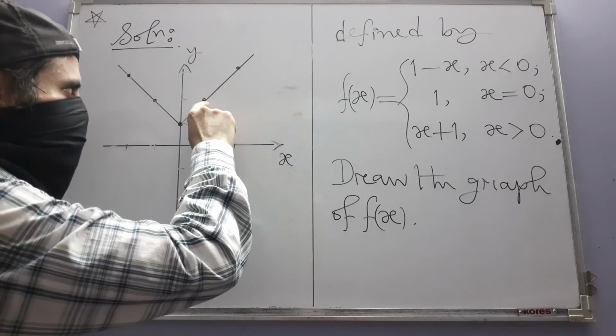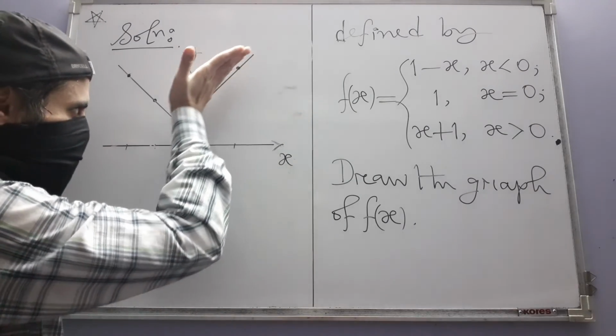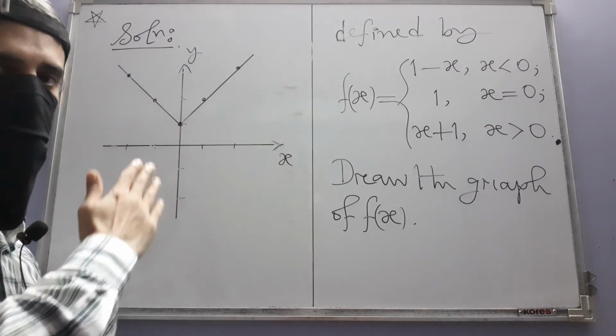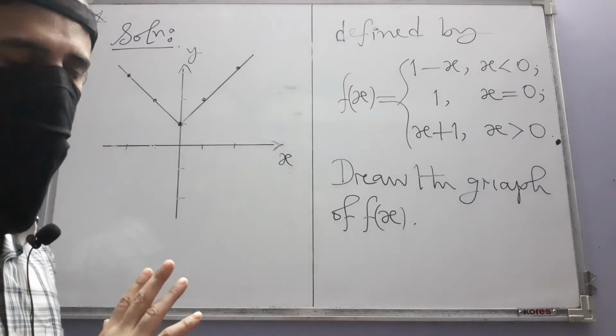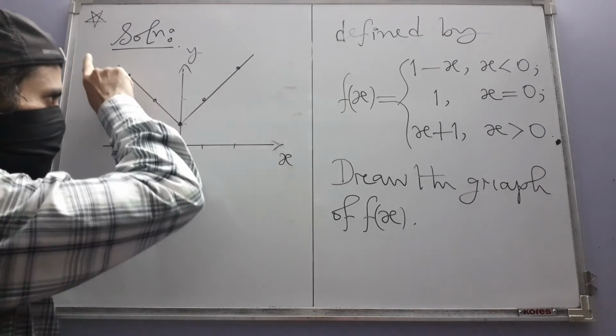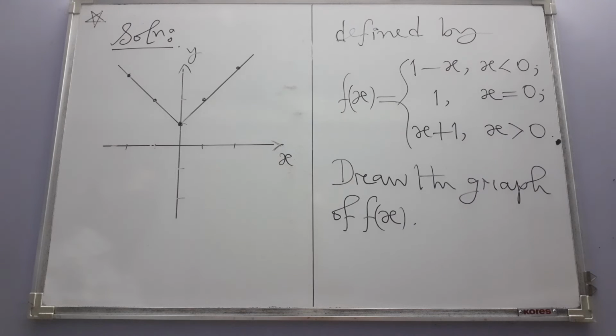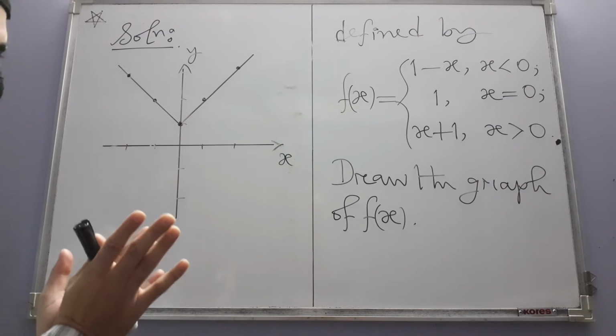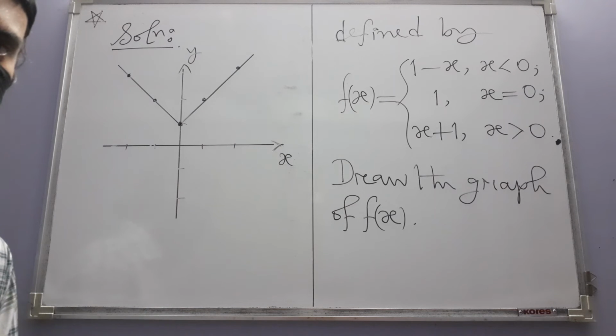And the graph passes through these 2 points. So it should be only this straight line. It will also come as close as it can to the y-axis without ever touching it. But with this extra point joining these 2 things, this is the graph. So although the graph as a whole is not a straight line, it's a combination of 2 straight lines. Okay, so that's the graph.